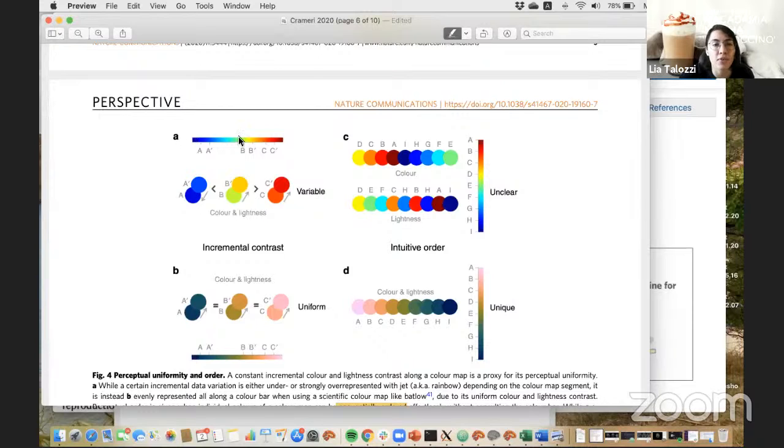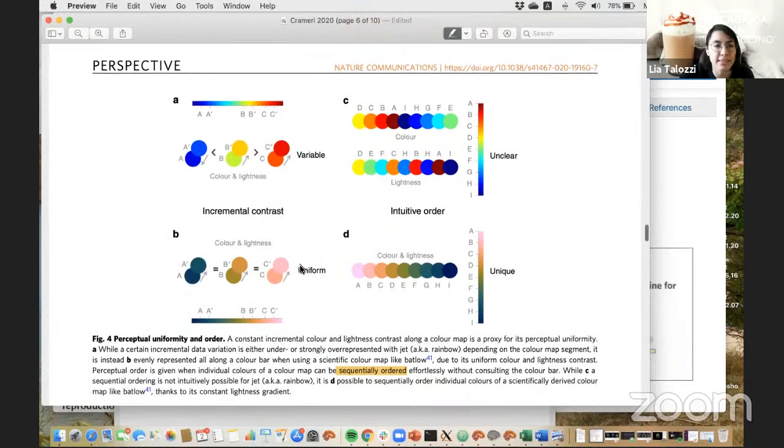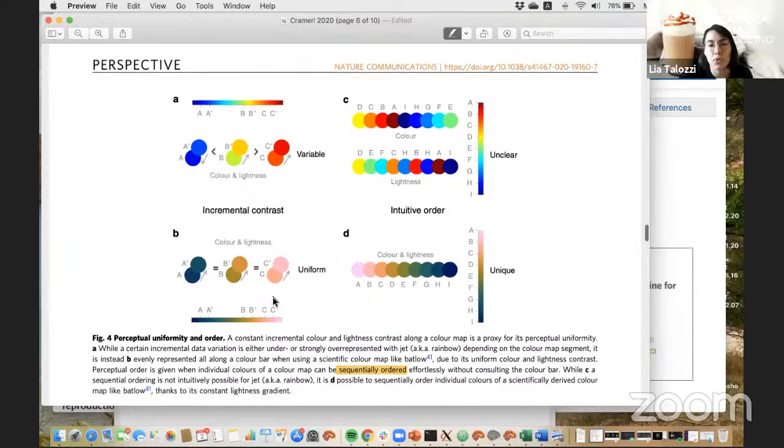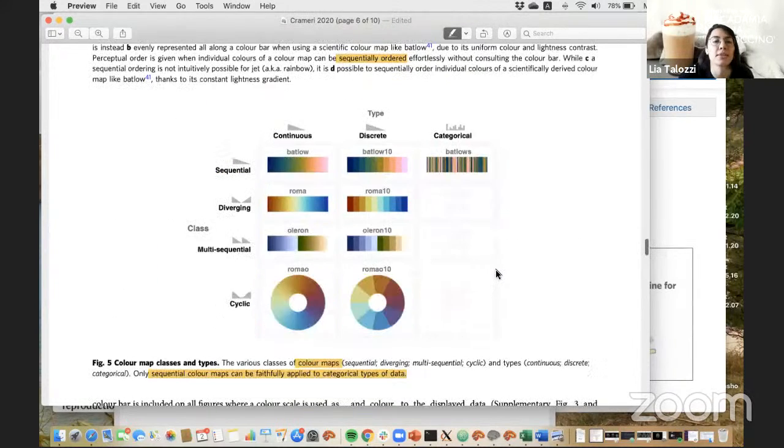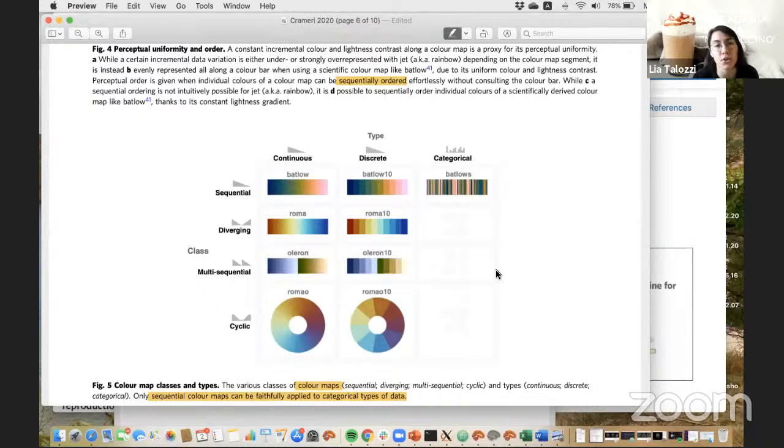And if you have the rainbow color map, you see the order of colors does not correspond to the used color maps. Instead, if you have a constant increment of colors and, as we can see, a uniform gradient, you have a unique match.